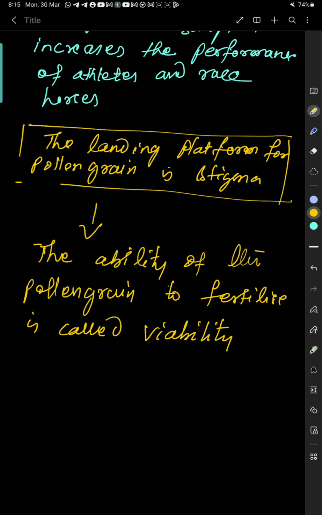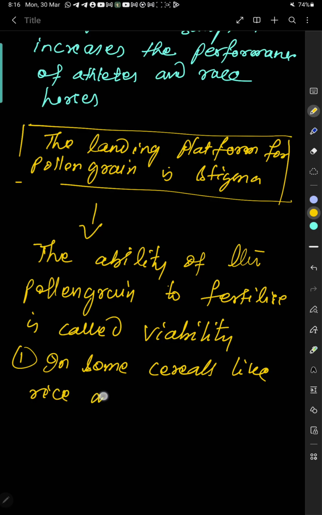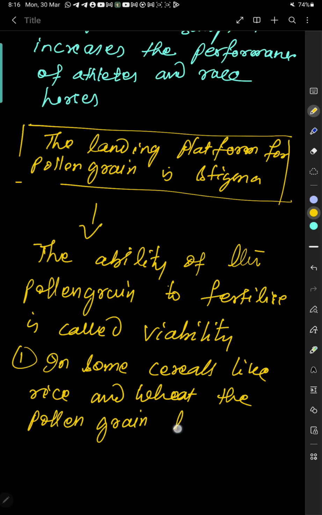So in some cereals like rice and wheat, it is maximum 30 minutes. Wheat, the pollen grain loses viability within 30 minutes.